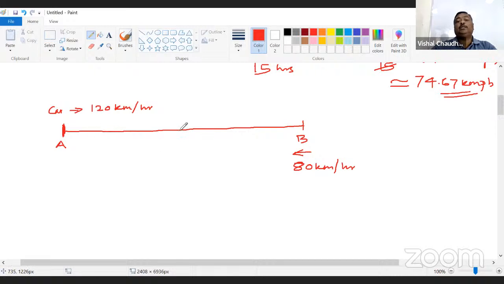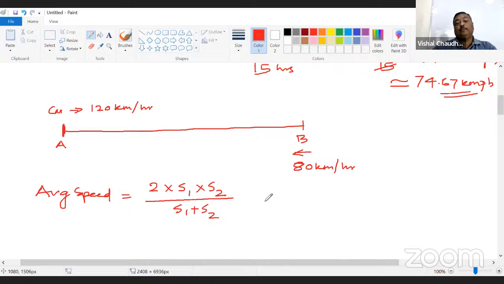Now, here the distance is not given. Only the speed is given. The time is also not given. So what we will do is, we will use the average speed formula: 2 into speed 1 into speed 2 divided by speed 1 plus speed 2.